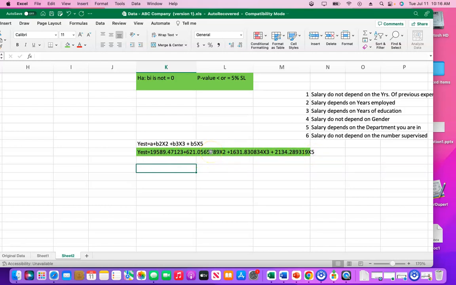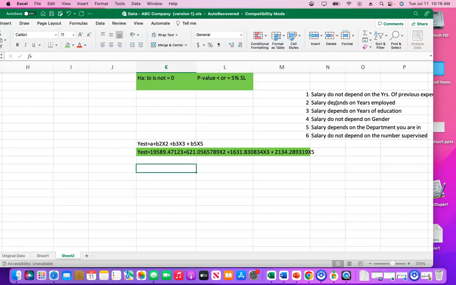So let's start here. So assume X2, which is years employed. So we assume that if X2 is 1, if there is a unit change of X2, meaning that if you work for 1 year in this company, how will that affect your salary?